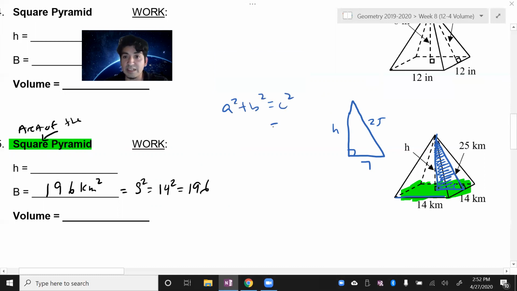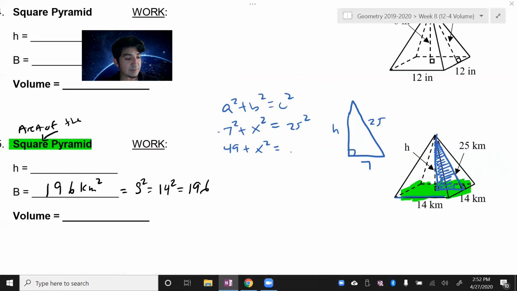So 25 squared equals x squared plus 7 squared. 25 times 25 is 625, minus 49 on both sides, so x squared is 576.